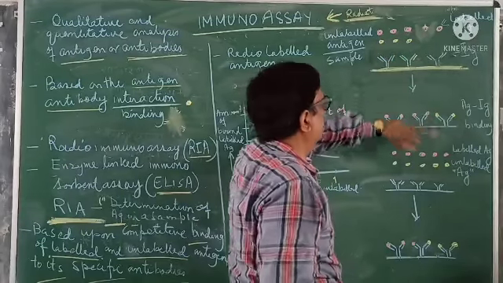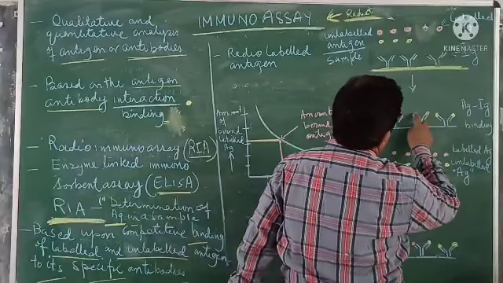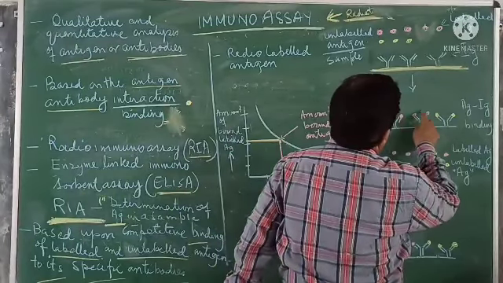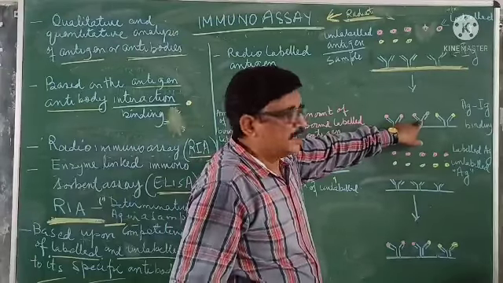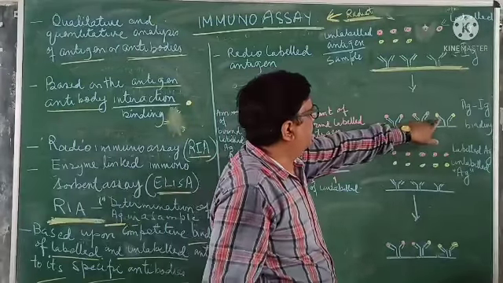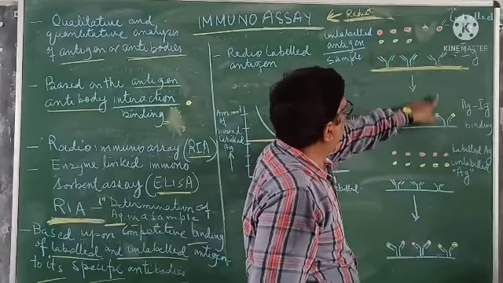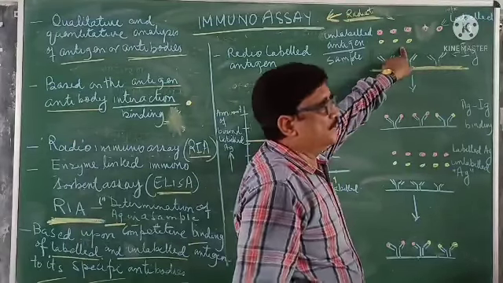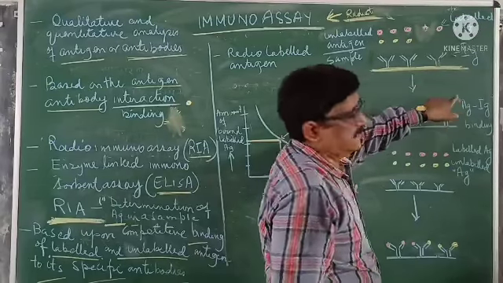there is a chance that more labeled antigen will bind to these antibodies, and the amount of unlabeled antigen which binds with this antibody will be less.